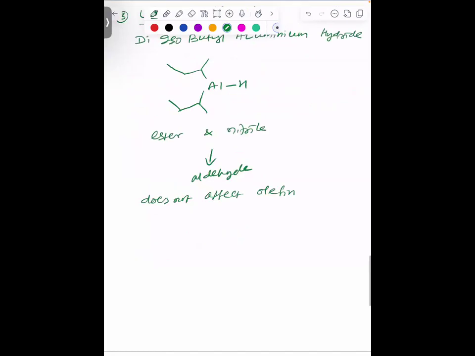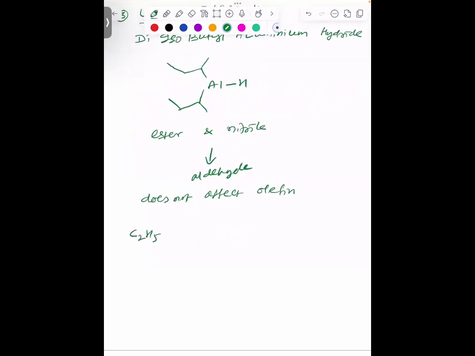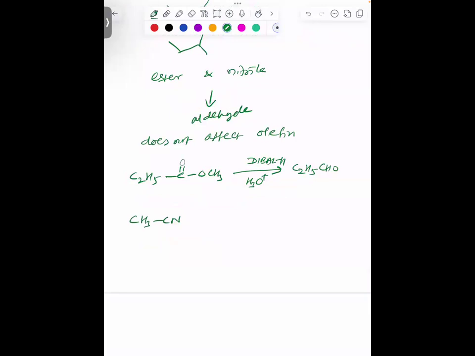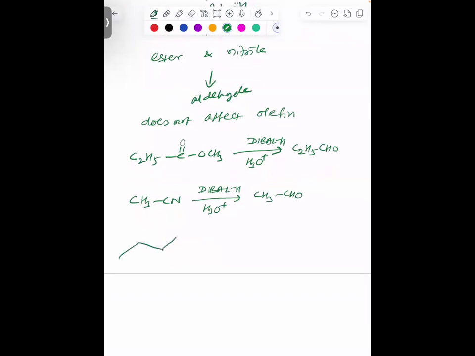Suppose we are taking a compound with a C2H5 group and an olefin bond, then the aldehyde is formed. So it doesn't affect the olefin bond.